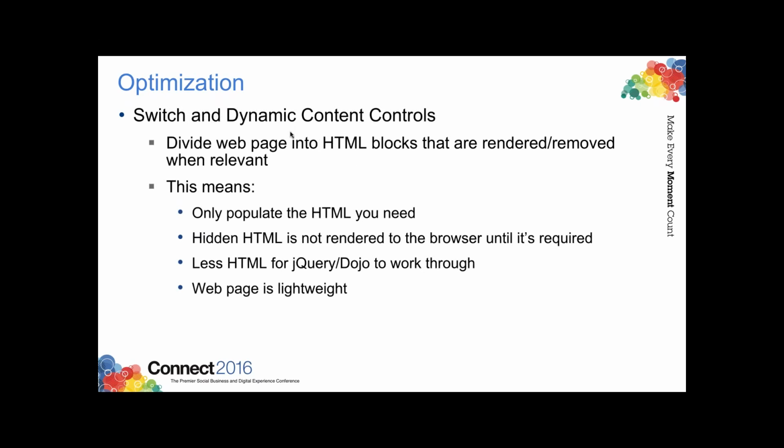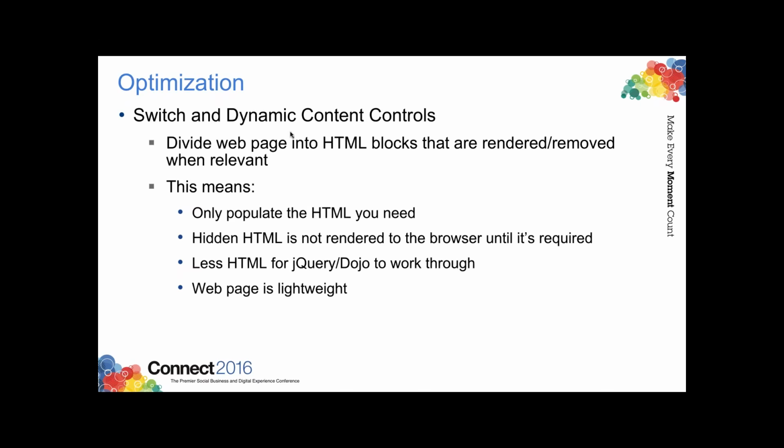All right. The other one is switch and dynamic content controls. Now, this is probably one of the most important design elements from the Extension Library. And what this does is it allows us to divide the application or the web page into HTML blocks that are only rendered when relevant, and if not relevant, are removed from the HTML output.